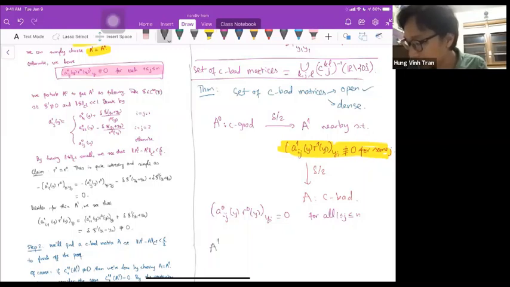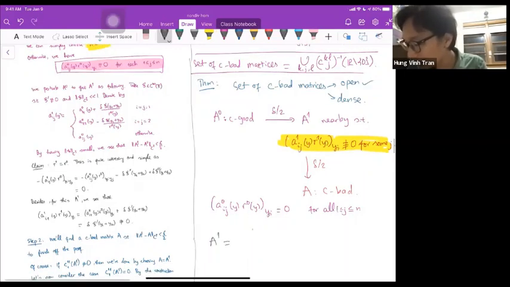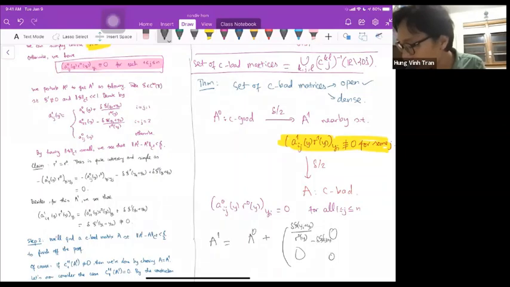You just take A naught and perturb it a little bit. You put everything as 0 here, and make it delta C of y1 plus y2 over r naught of y, and minus delta C of y1 plus y2 over r naught of y. Essentially, you just perturb the first two terms in the diagonal.